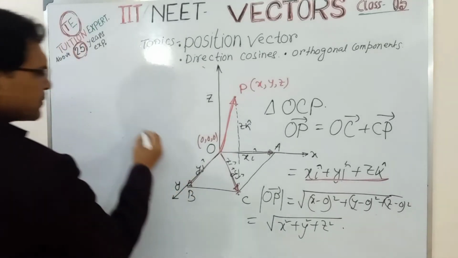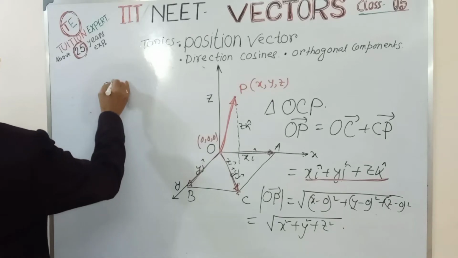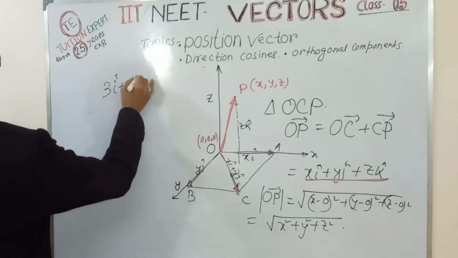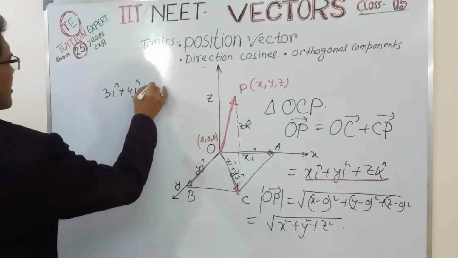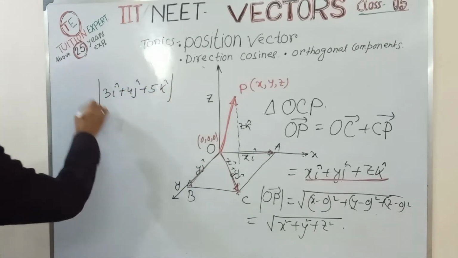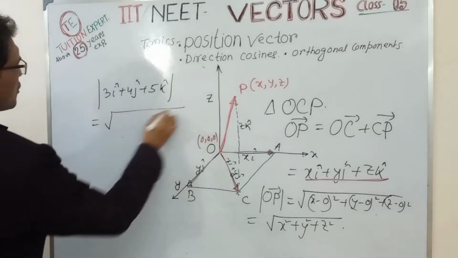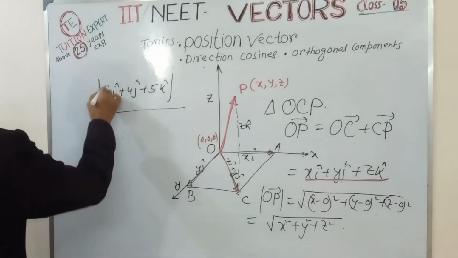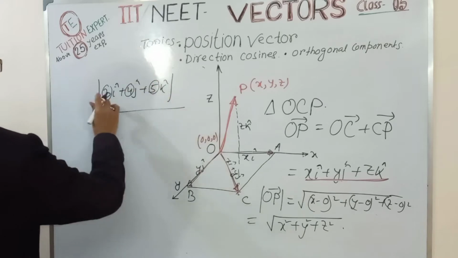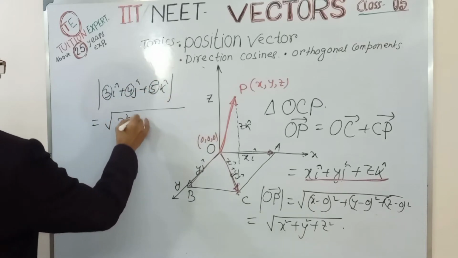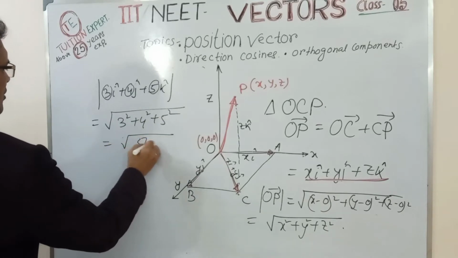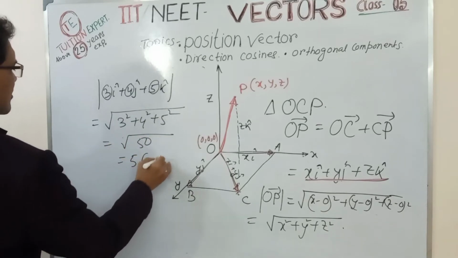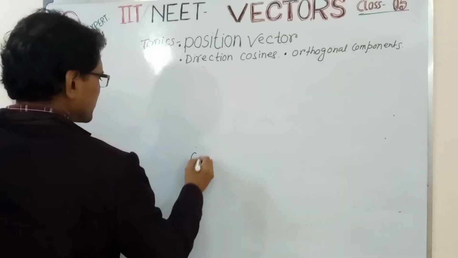So the value of this becomes the square root of the sum of squares of the coefficients x, y, z. This is the answer.